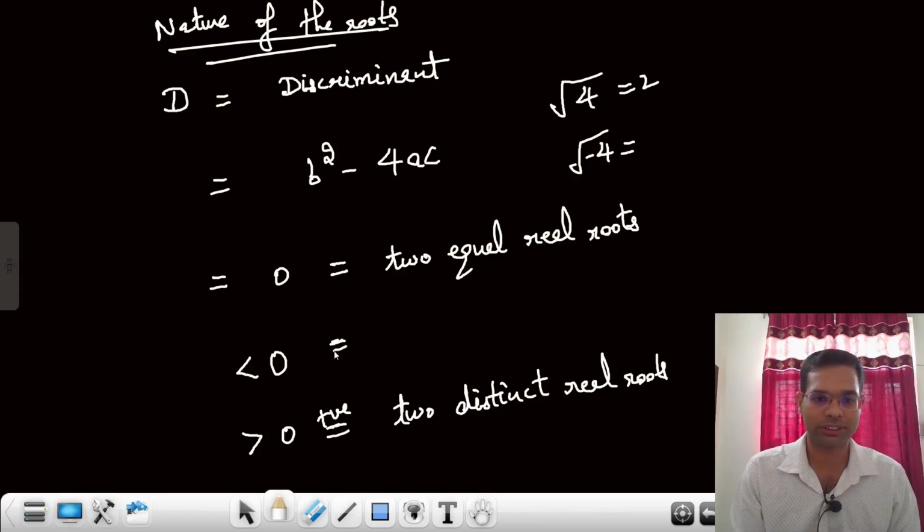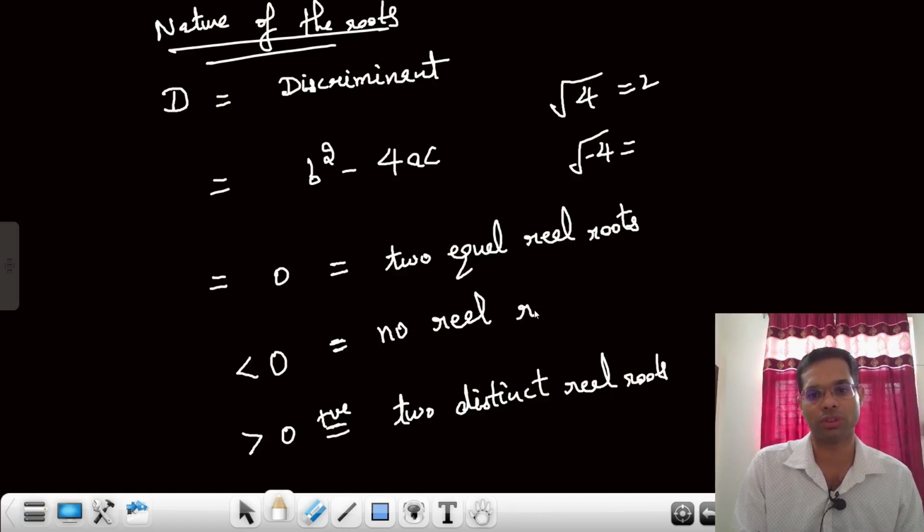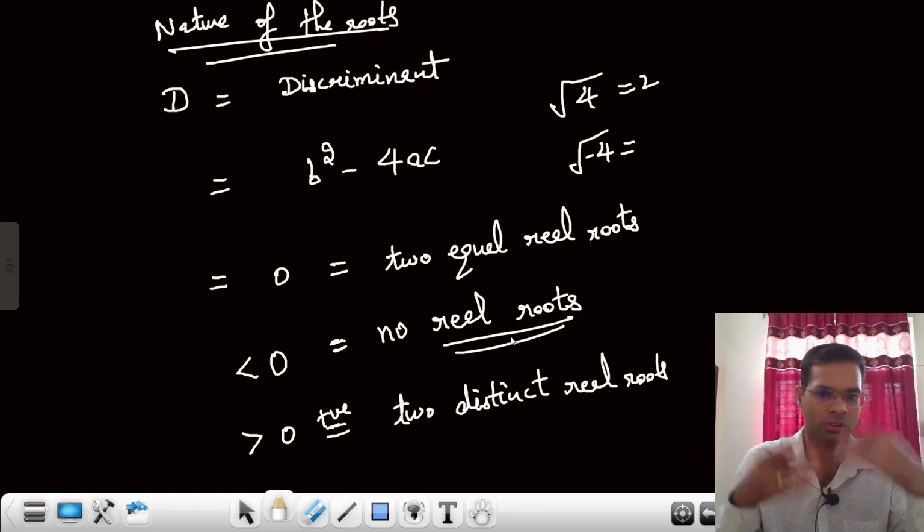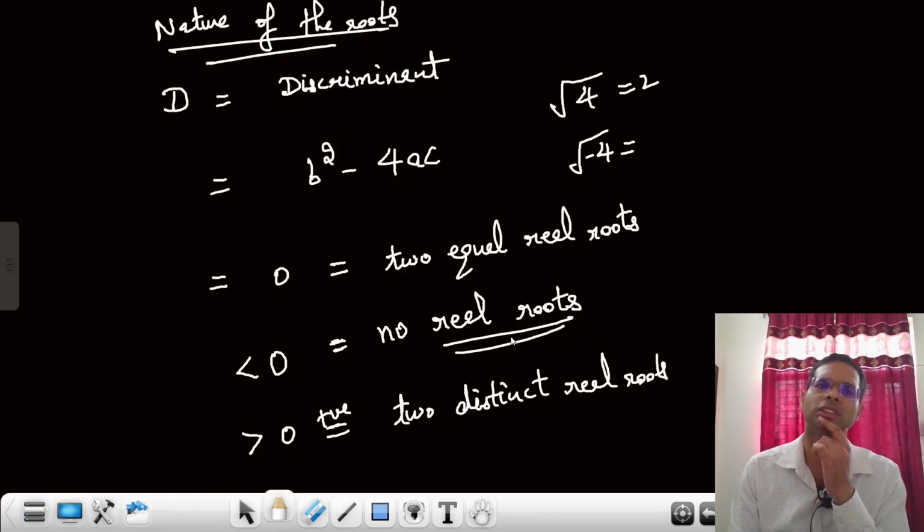Less than 0 means the root value is not defined, so we will not get any real roots. No real roots means imaginary roots, which means the roots do not exist. Any number which does not exist, you already know it: infinity.